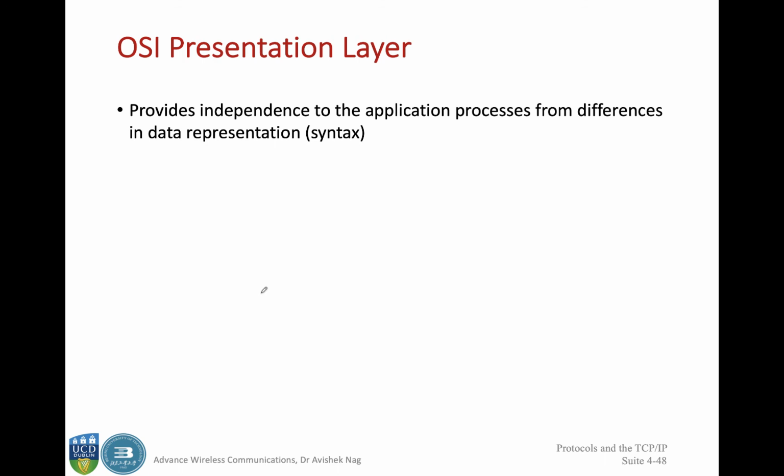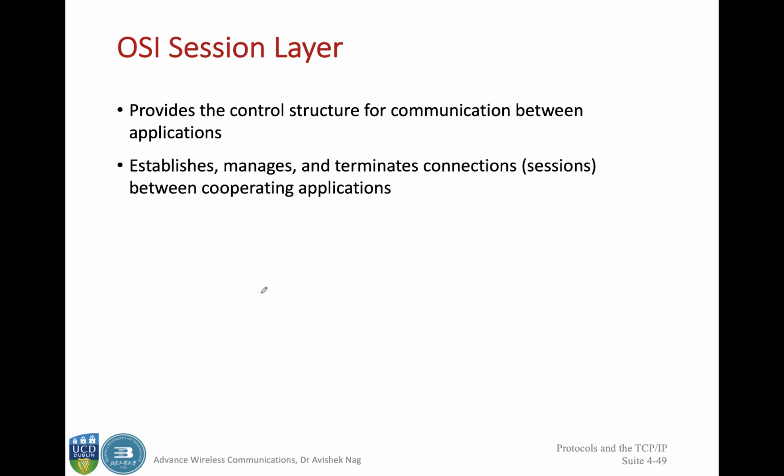It provides independence to the application processes from differences in data representation. Then comes the session layer, which is another new layer. It provides the control structure for communication between applications, and it also establishes, manages, and terminates connections between cooperating applications.